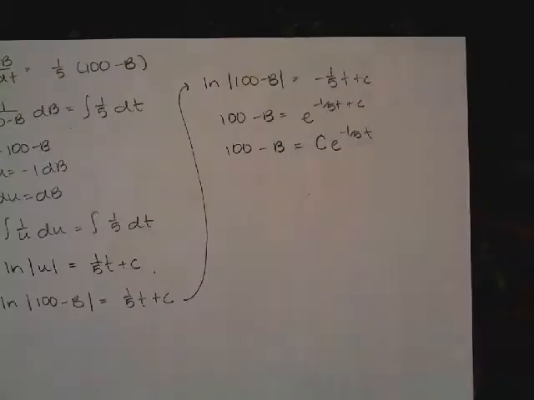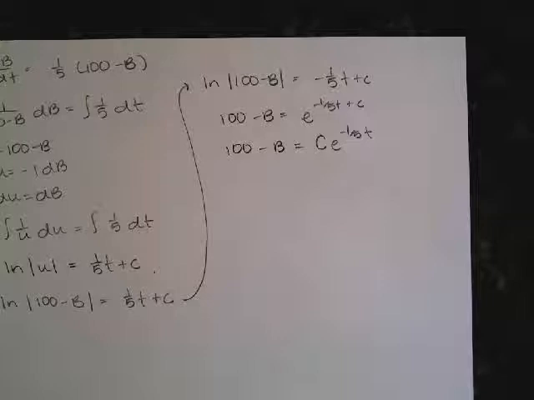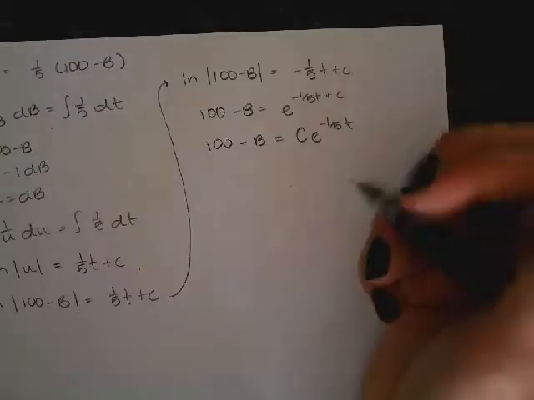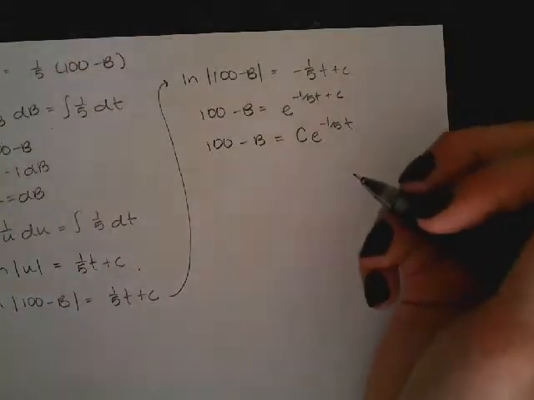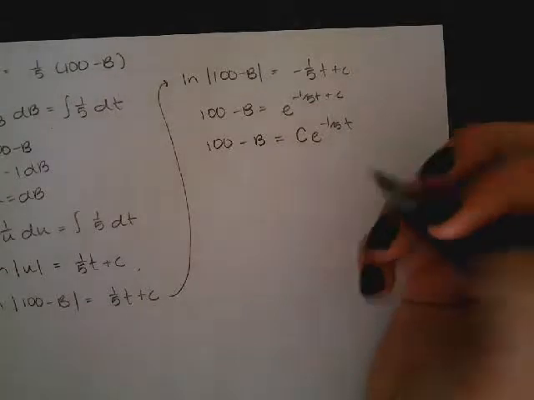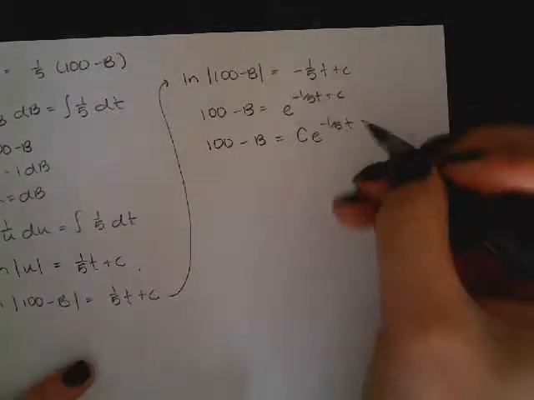And at this point, I feel a lot better about plugging my point in. You could plug it in before, and your C would work out a little bit differently. Your final answer should look the same, although it could be in a form that's a little bit different than the answer key. So don't think if you didn't do it this way, you automatically got it wrong. You just have to check and see if they're technically equivalent.